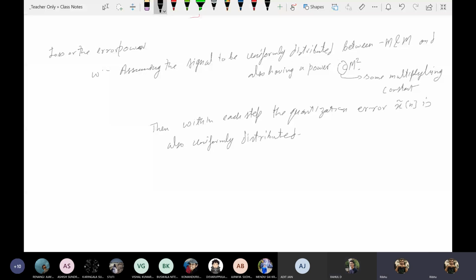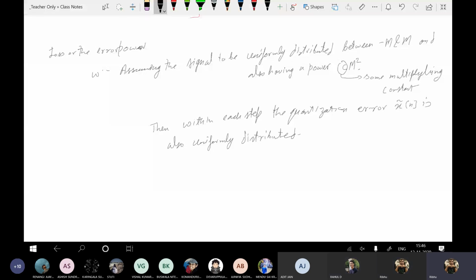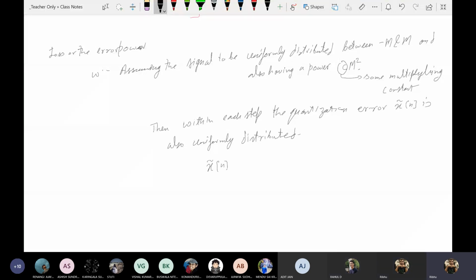Makes sense? Yes. So x tilde n equals, or x tilde, one upon delta for all the intervals. Okay.